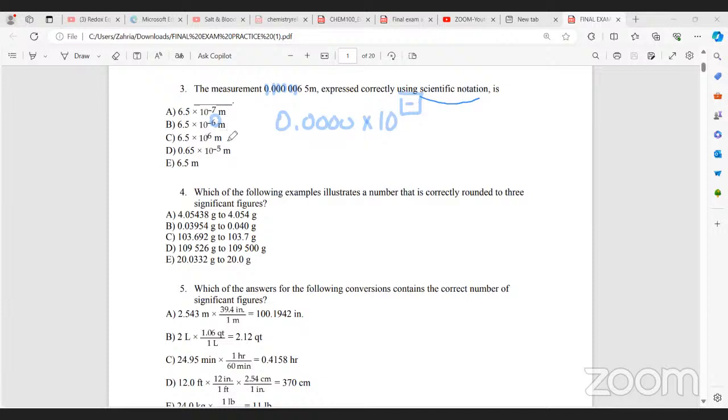So keep that in mind: count the zeros that come before it, put that in your exponent, and make it a negative number. That's just a quick little tip for those types of examples.